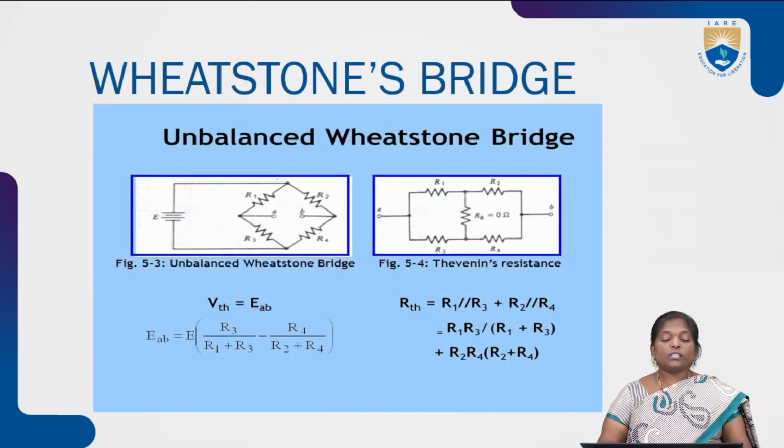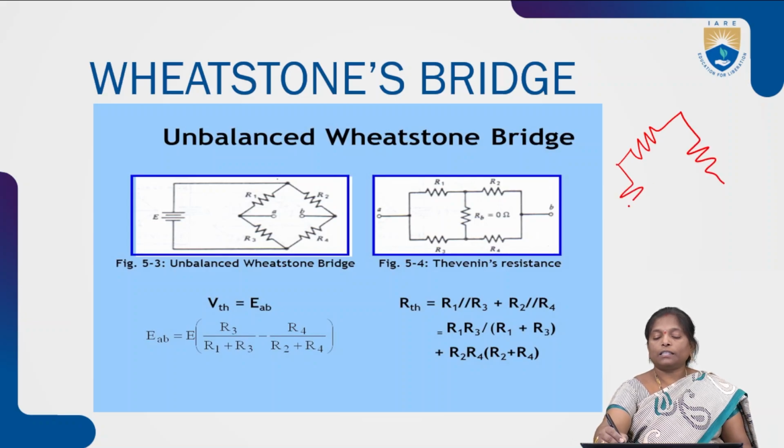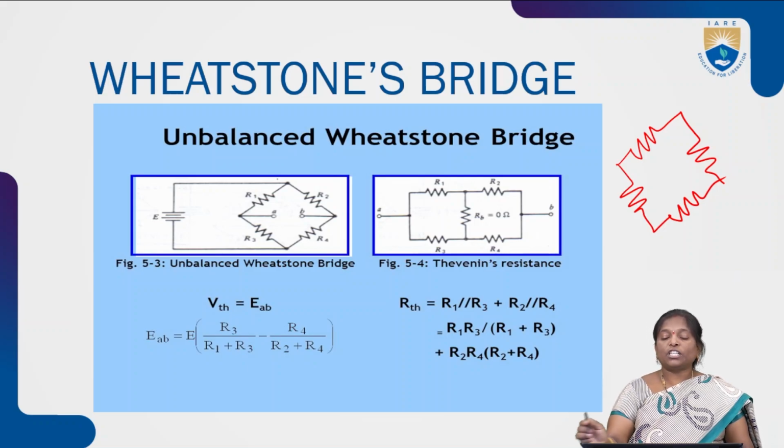Next, coming to the unbalanced Wheatstone bridge. In this unbalanced Wheatstone bridge also, we are considering that the bridge consists of 4 arms, similar to the previous case, R1, R2, R3 and R4.